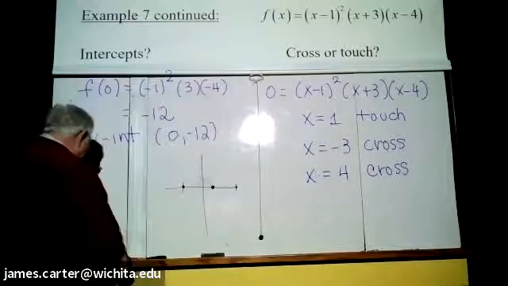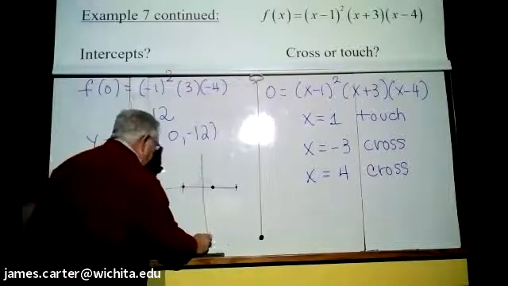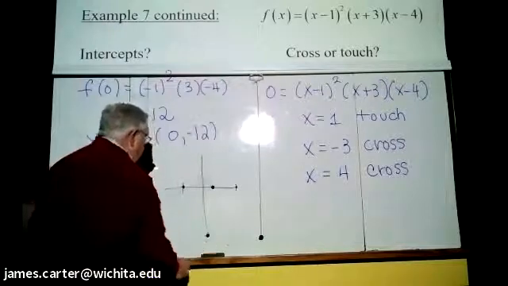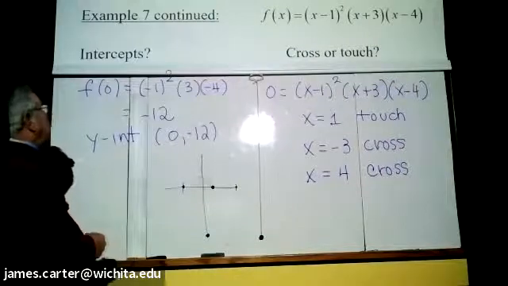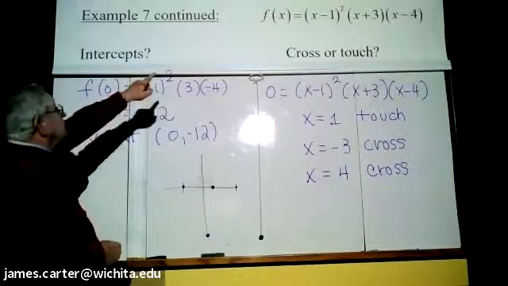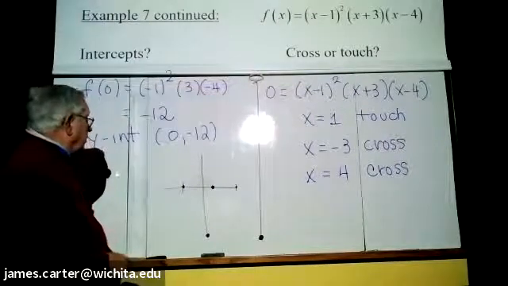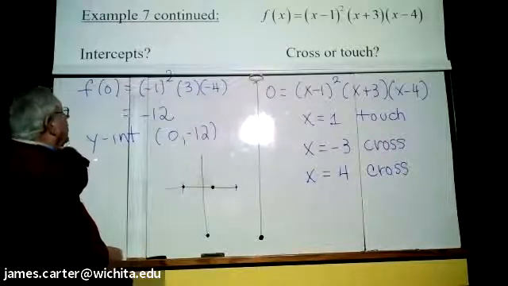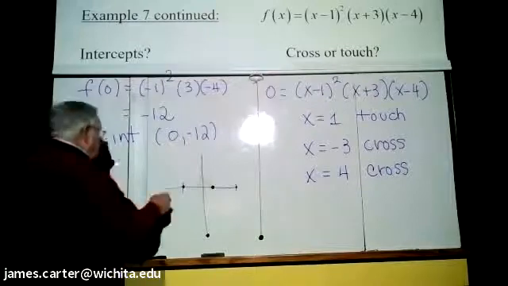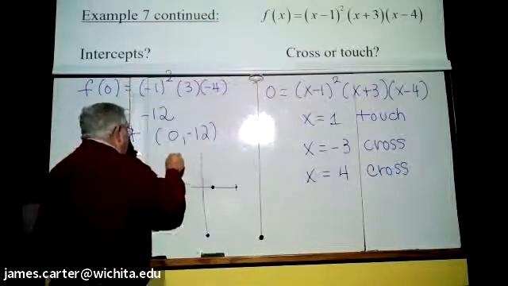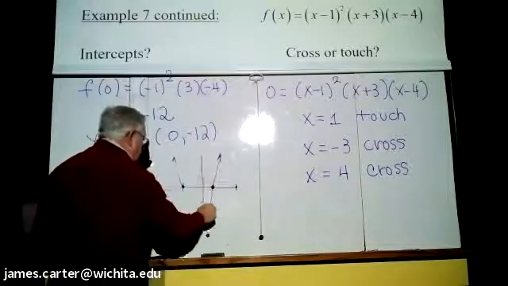We've got the y-intercept, which is -12, down here. We know that because this thing is 4th degree, we can have at most 3 turns. We already figured out that the end behaviors have to be this way. So this point has to be upwards. This point has to be upwards. So this thing comes down here.